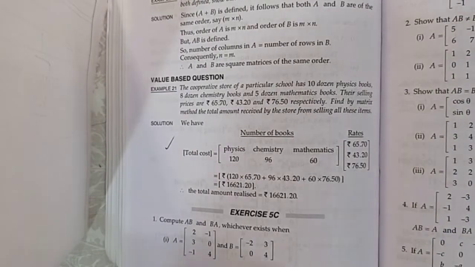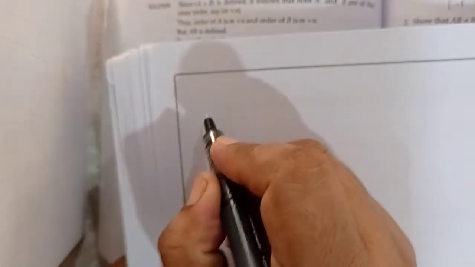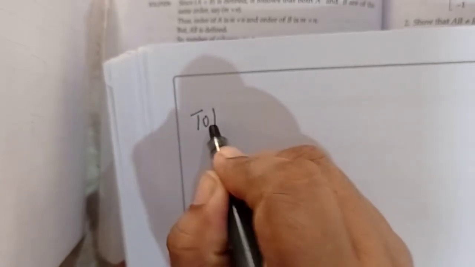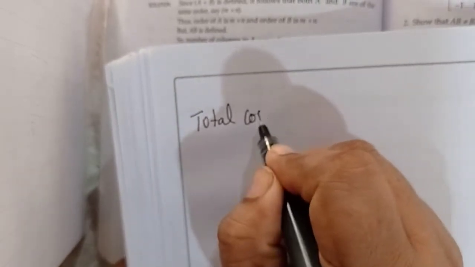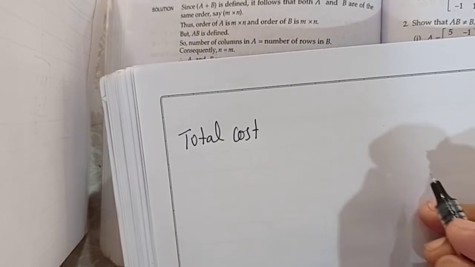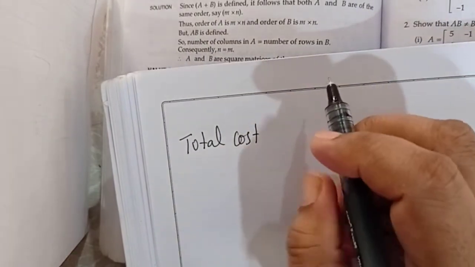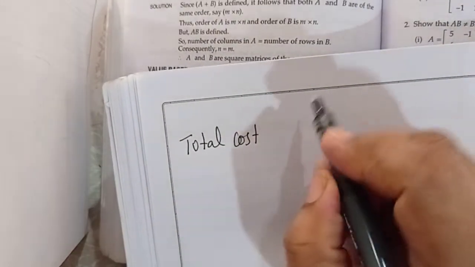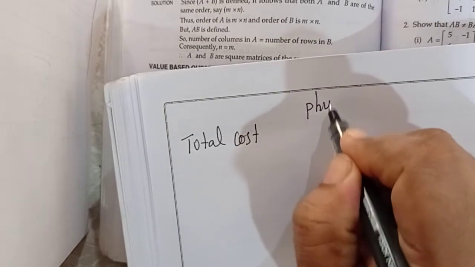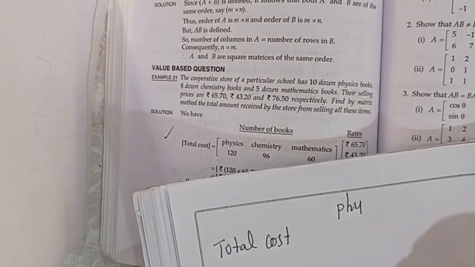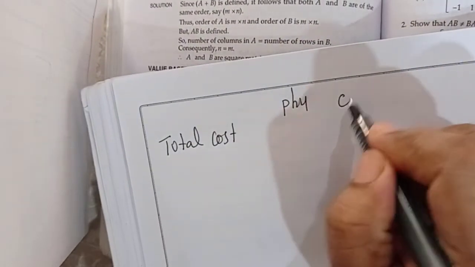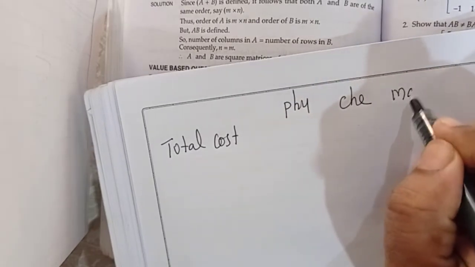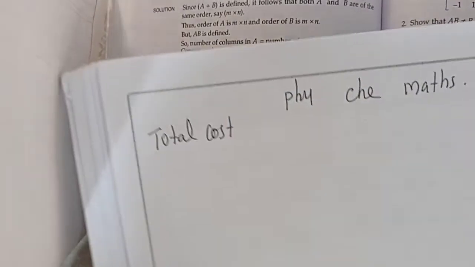All of you look here. Look at the board. Our aim is to find the total cost, isn't it? Here, the storekeeper sells 3 types of books. One is physics. Then, what about the second one? Chemistry and maths books. Okay, students?